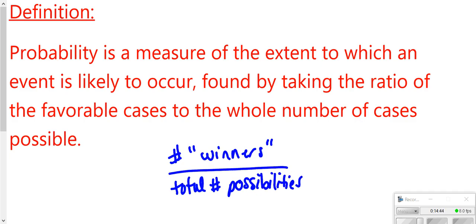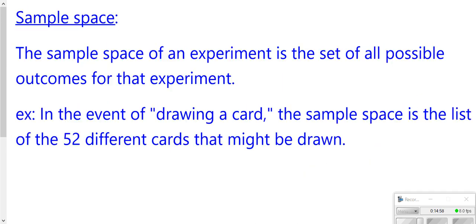And that total number of possibilities is the size of your sample space. So that's the formal definition. Sample space is the set of all possible outcomes for an experiment.